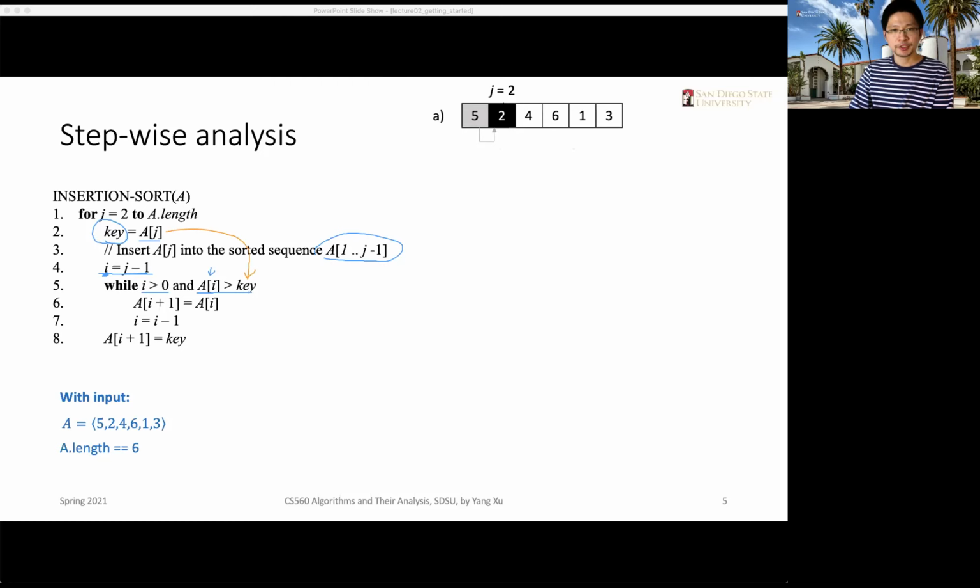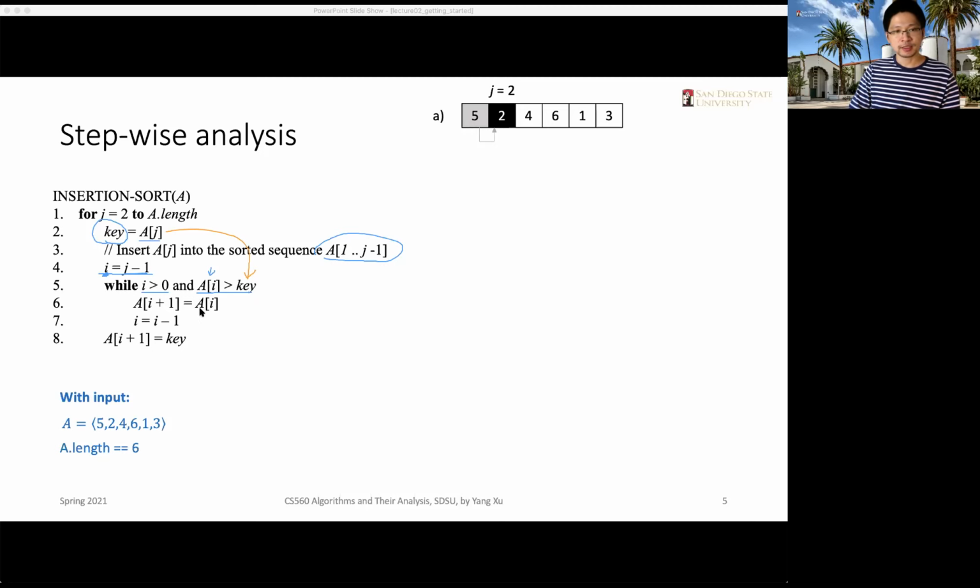In the first iteration, j is 2, and i will be 2 minus 1, which is 1. So what we are doing here is comparing A[i] and the key. A[i] is 5, and 5 is greater than the current key, which is 2. That means the condition of the while loop is true, so the body of the while loop will be executed. Let's look at the body of the while loop at line 6.